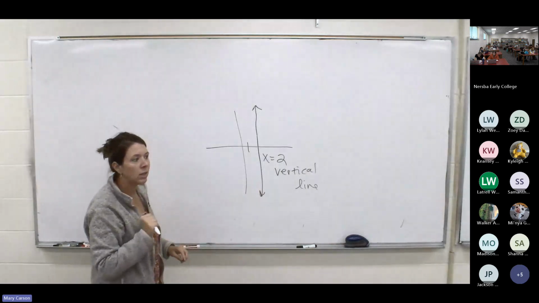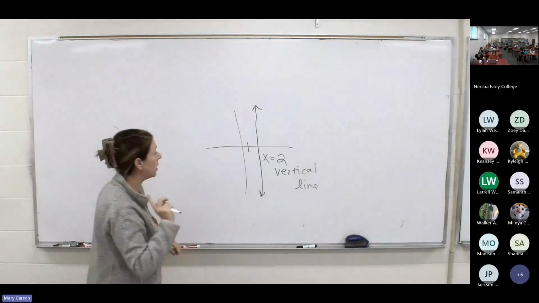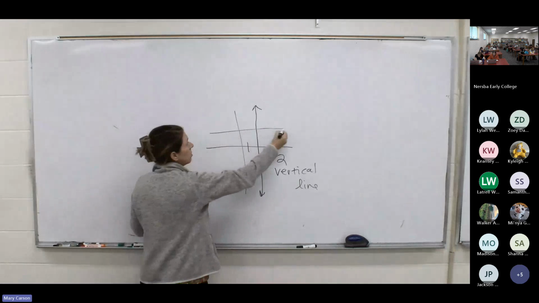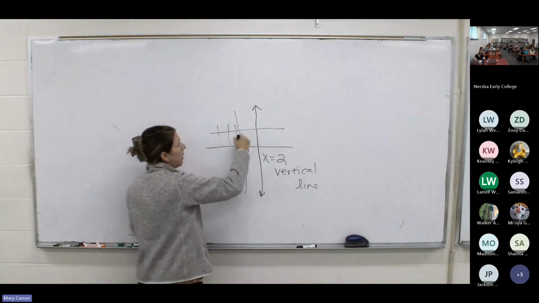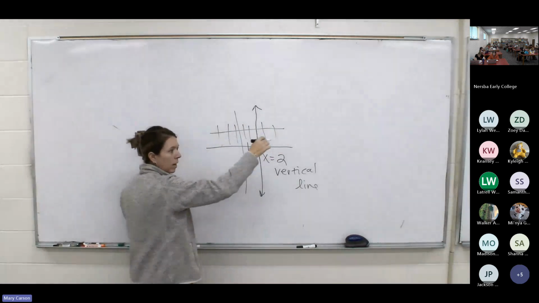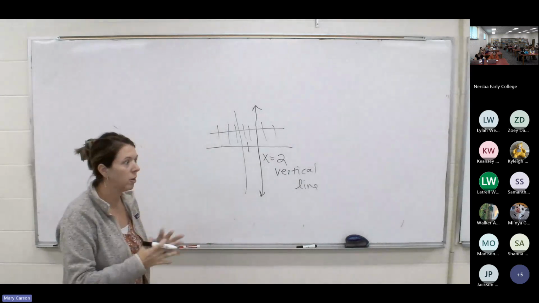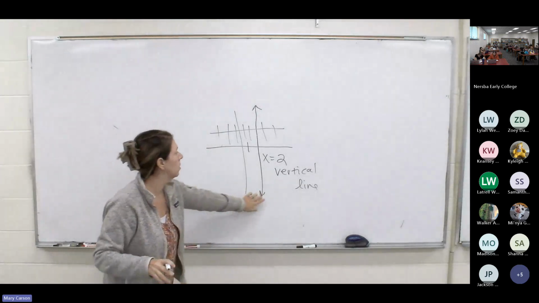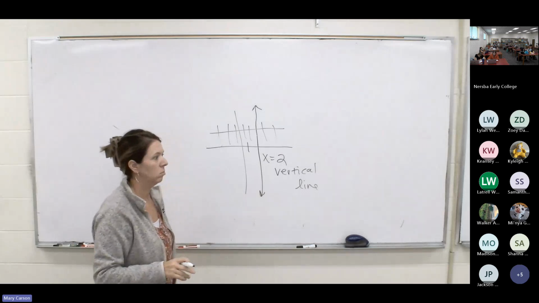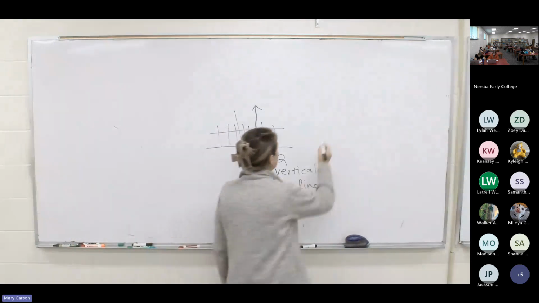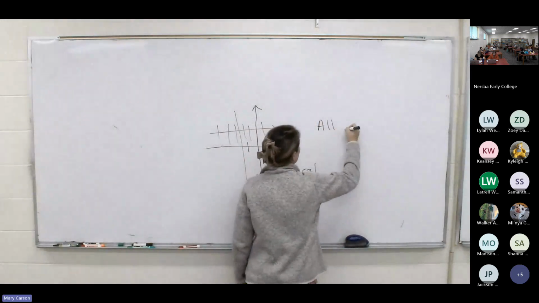So the only type of linear equation, now look, think about a horizontal line. If I draw a horizontal line this way, it's going to pass because it only touches once, right? So all linear equations are functions except for a vertical line, a vertical equation. So y'all need to write that down somewhere.